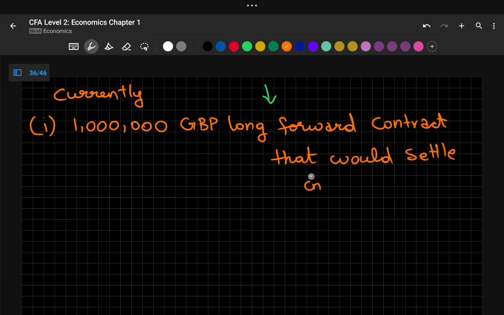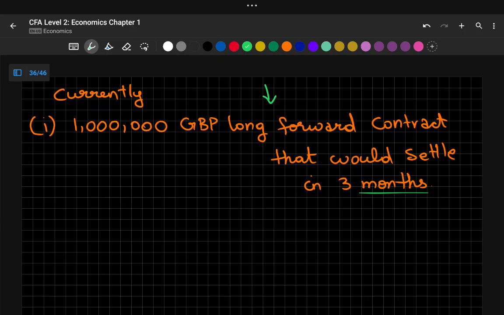Why didn't I write 9-month forward contract? The reason is that it has already been 6 months after the contract was initiated, so now only 3 months is left for the contract to settle. When I'm entering the offsetting position, I shouldn't look at the contract as a whole.